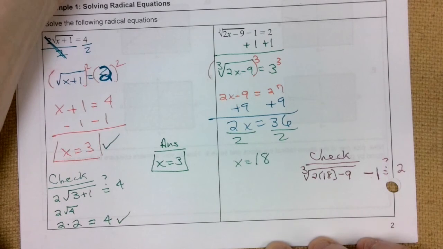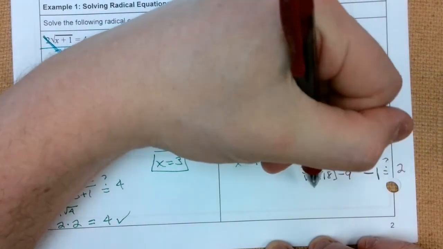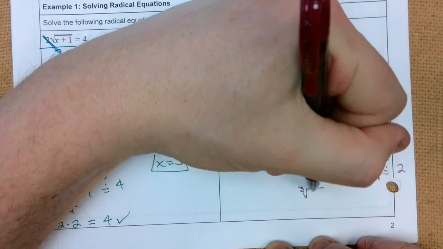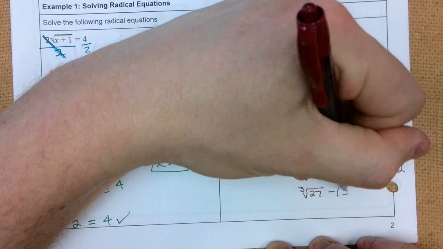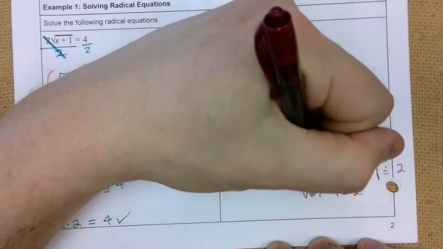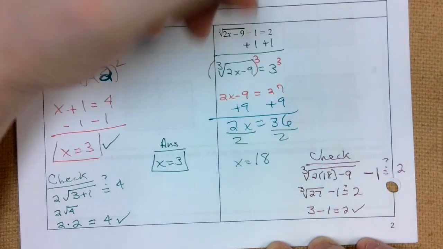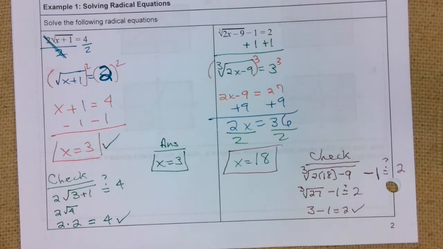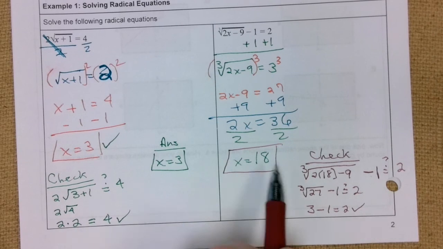All right, so 2 times 18 is 36, minus 9 is 27. So, cube root of 27 minus 1. And we're checking to see if that equals 2. Cube root of 27 is 3. 3 minus 1 equals 2. It checks, so that means 18 is a valid answer. Okay? If you did not get these two sides to be equal, you would throw that answer out. And we'll probably run into an example of that before we go.